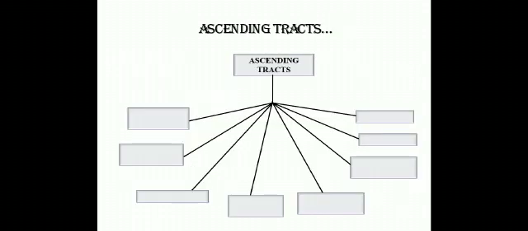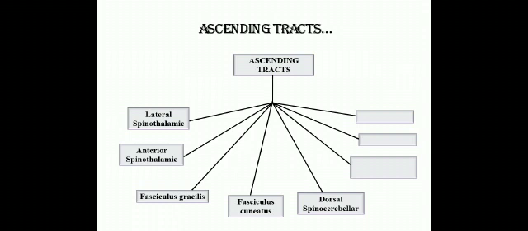So now the ascending tracts. It includes lateral spinothalamic, anterior spinothalamic, fasciculus gracilis, fasciculus cuneatus, dorsal spinocerebellar, ventral spinocerebellar, spino-olivary and spinotectal.